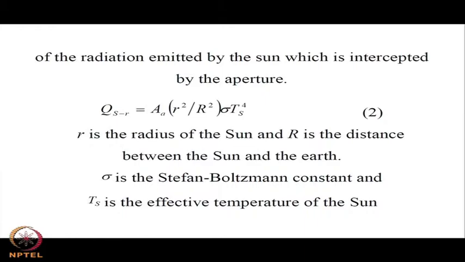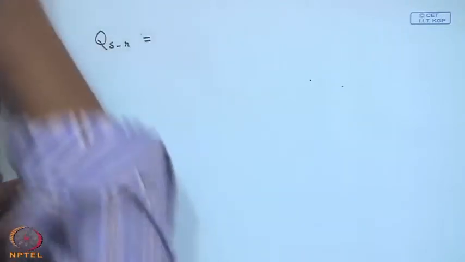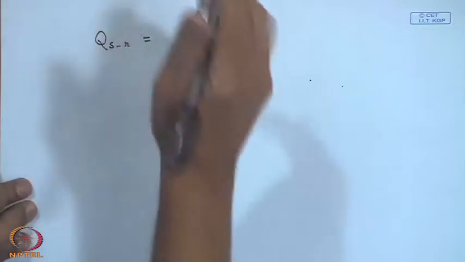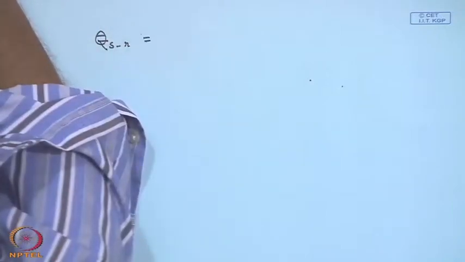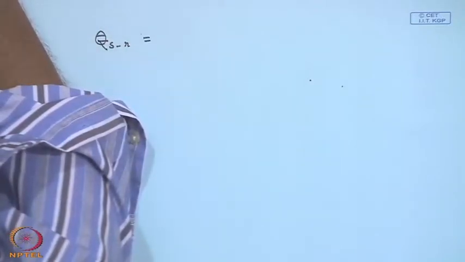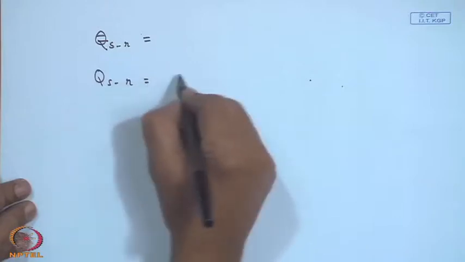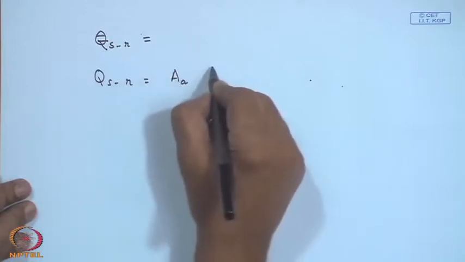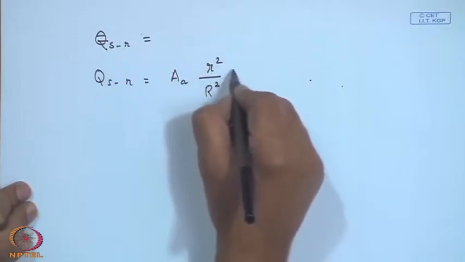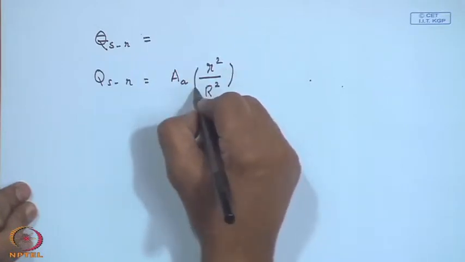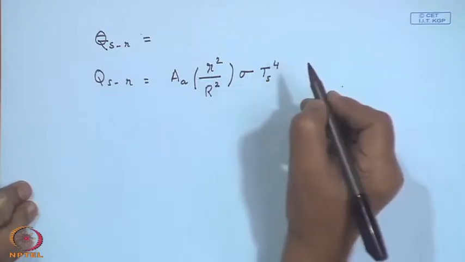So, the radiation emitted by the sun reaching the receiver will be A r square upon R square times sigma T s to the power 4.